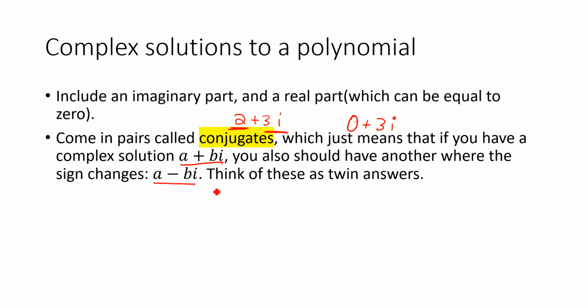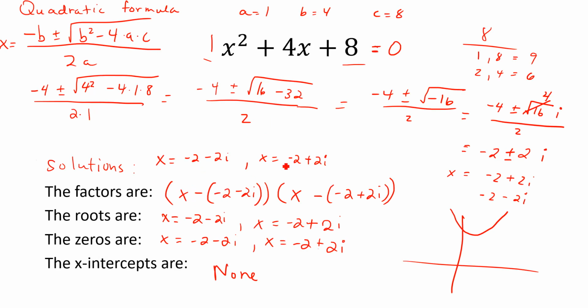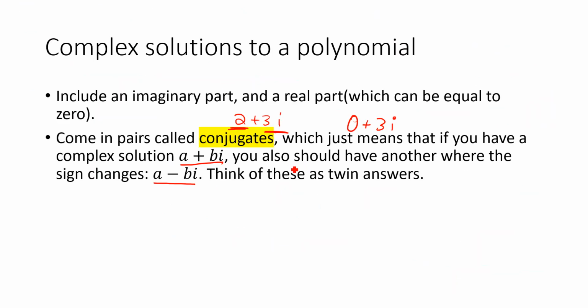So in the previous problem, look at what we did. Here's our solution, negative 2 minus 2i. Look at the other solution, negative 2 plus 2i. One of them has a minus, one of them has a plus. Right here, one of them has a plus, one of them has a minus. Doesn't matter. Think of these as twin answers. They come together.